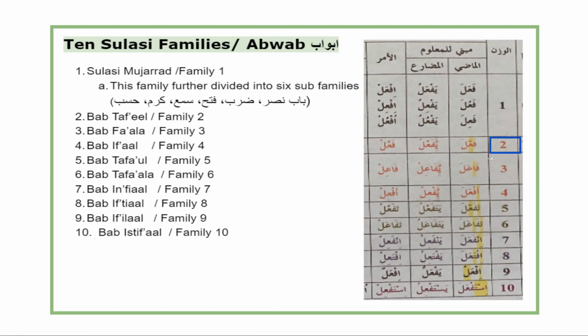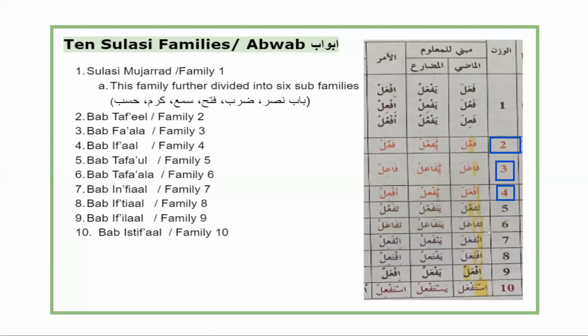In family 3, there's an extra Hamza, Alif, just after Fa Kalma. In family 4, there's 1 extra letter, which is again Hamza, and this Hamza is Hamza Qat'i before Fa Kalma. So in 2nd, 3rd, and 4th, we have 1 extra letter.